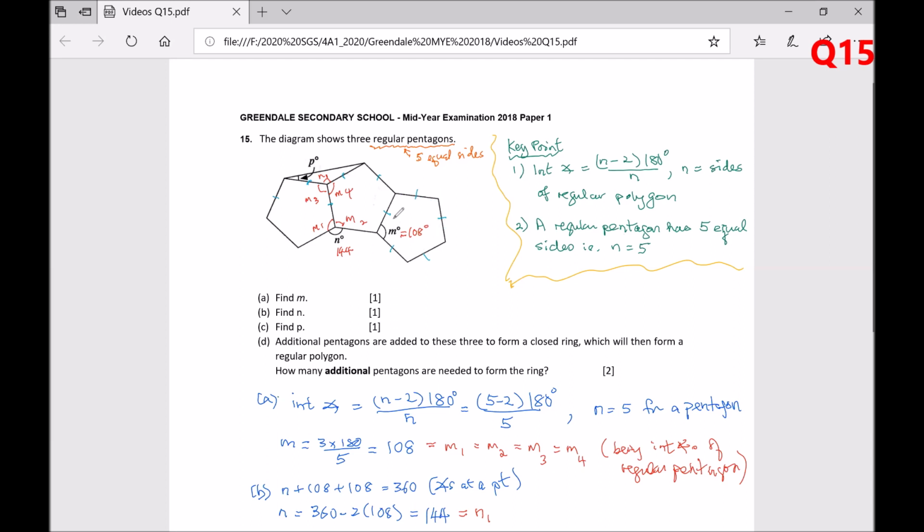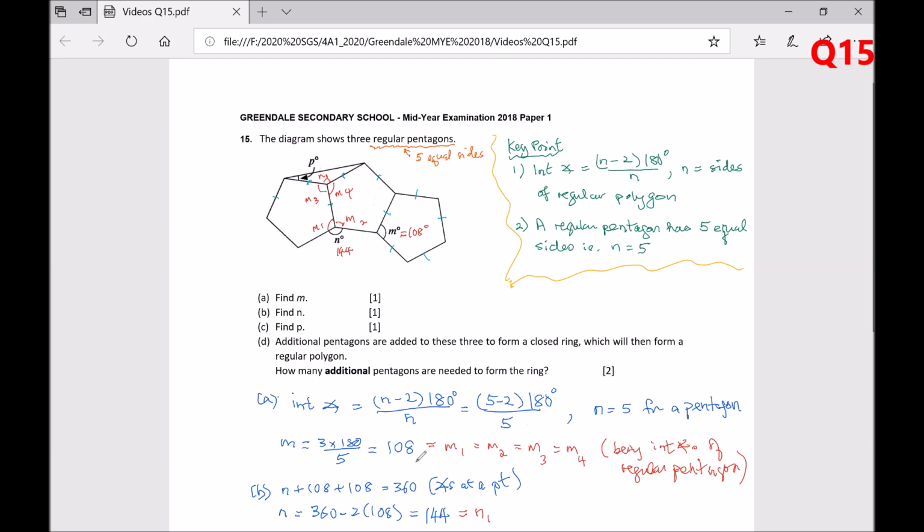In part A, we want to find the value of m, which is an interior angle of the pentagon. Using the formula, interior angle equals (n minus 2) times 180 over n, and substituting n equals 5 for a pentagon, m is equal to 3 times 180 over 5, which is 108.